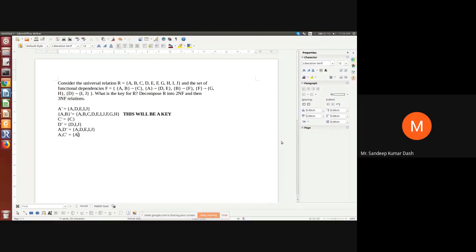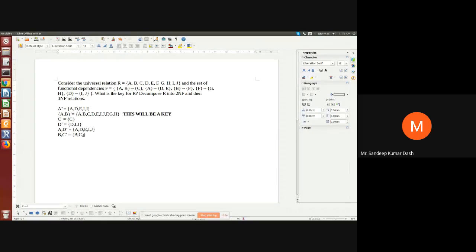Now A and C. A is deriving D and E. Unless and until you are having B with any of the combination, it is not possible to find all, because B is deriving F. No one else is deriving F. So you have to have B. Suppose I am thinking of B and C. Then BC will be there.